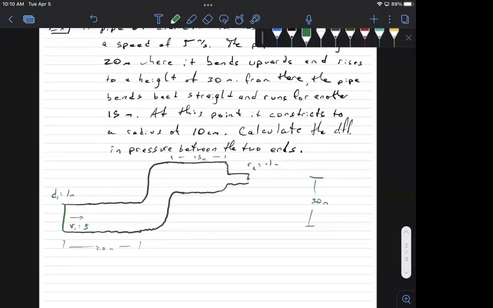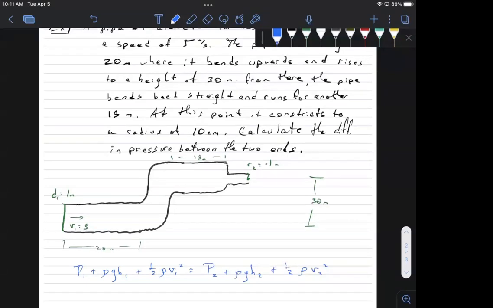Now, how do we actually solve the problem? Well, being a Bernoulli problem, we know Bernoulli's equation: P1 plus rho g h1 plus 1/2 rho v1 squared equals P2 plus rho g h2 plus 1/2 rho v2 squared. All right, so that's Bernoulli.